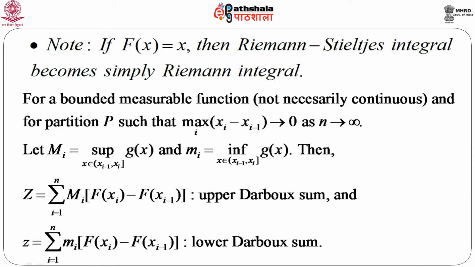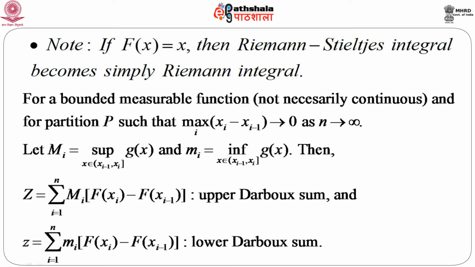We can look at this Riemann-Stieltjes integral in a slightly different way. For a bounded measurable function, not necessarily continuous, and for the partition P such that the maximum of the length of subintervals goes to 0 as n goes to infinity, that means this partition becomes denser and denser as n goes to infinity.